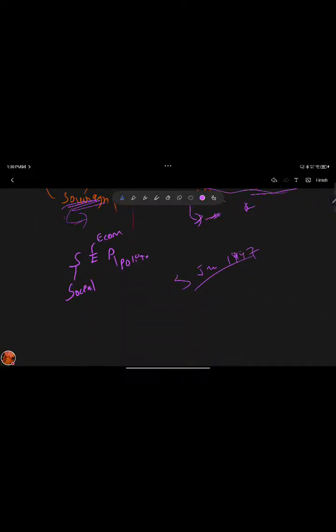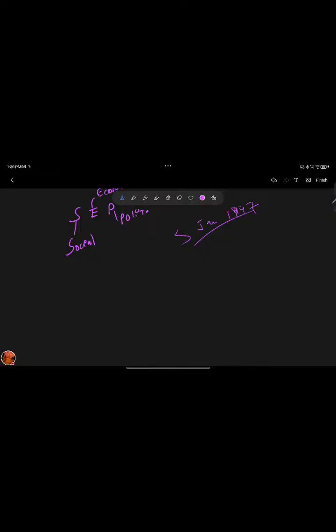And this Constituent Assembly had two purposes: first was lawmaking, second was constitutional procedure. The constitutional procedure head was Dr. Rajendra Prasad, and the lawmaking body head was G.V. Mavalankar.